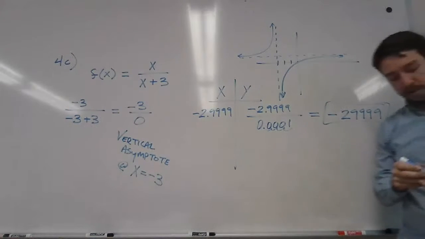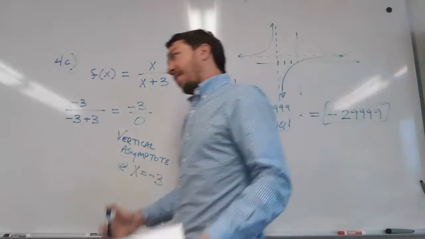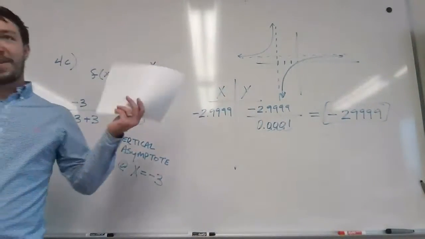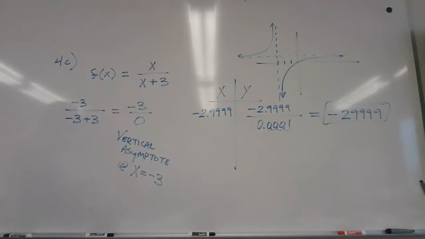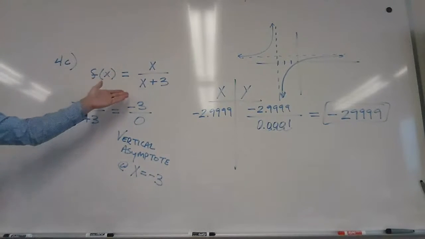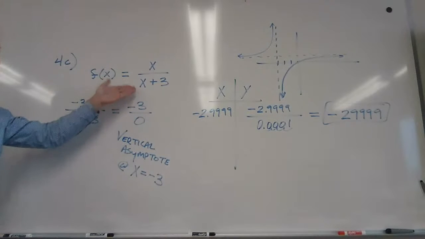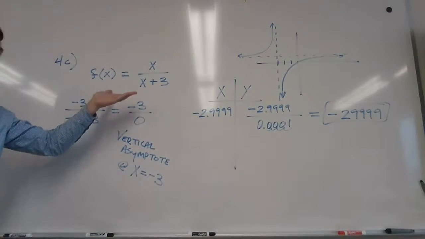But guys, in practice, if you just want to get an okay grade on the quiz, it's very simple. Identify what number would make the bottom of the fraction 0.